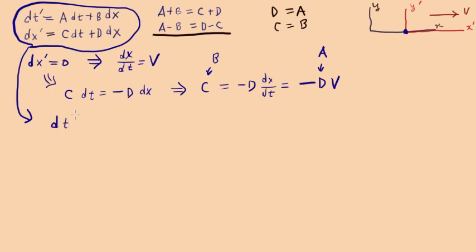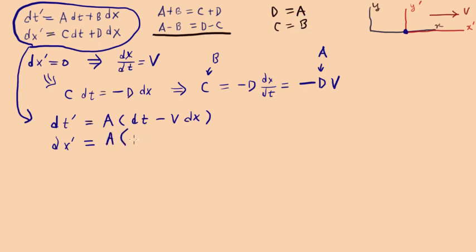So dt prime equals A dt minus v dx, and dx prime equals C is equal to B, and D equals A. So let me factor out A here.